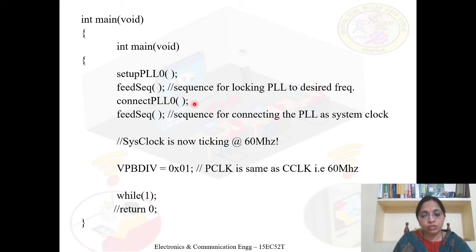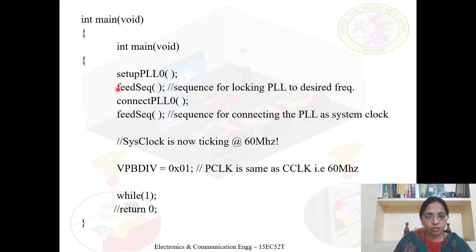This function checks whether the PLL has generated the desired frequency. If it has, that frequency is given as output to the CPU and other peripherals. After that, once again we have to feed the sequence, so we call the feed sequence function again. These are the 4 steps that we have to follow to write a program for the PLL.